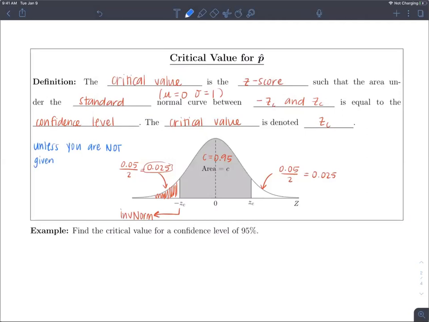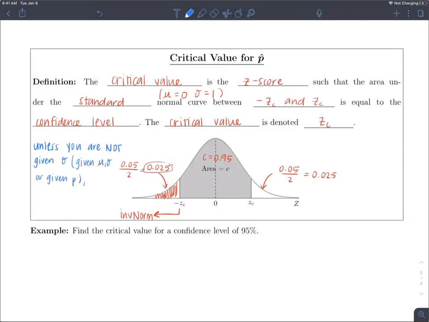The combinations would be you are given mu and sigma, or you're given p. So in those two cases, to find the critical value, you use inverse norm.